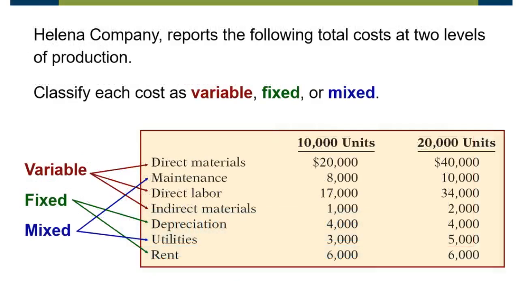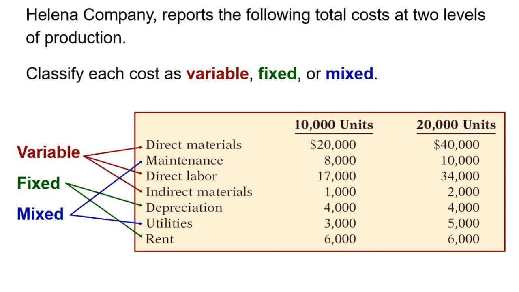We have two levels of production, 10,000 units and 20,000 units, and we have direct materials, which is known as variable. Why? Because at 10,000 units it's $20,000. If I double the production to 20,000 units, the cost goes to 40,000.